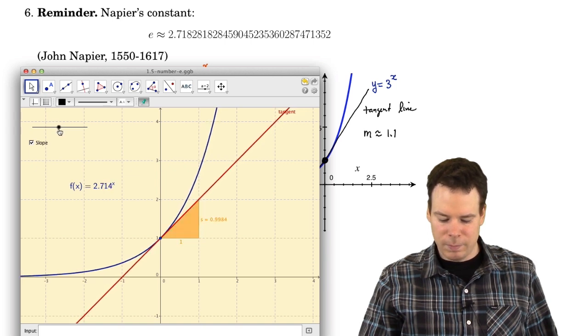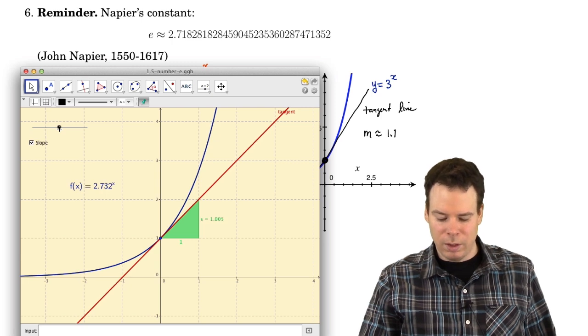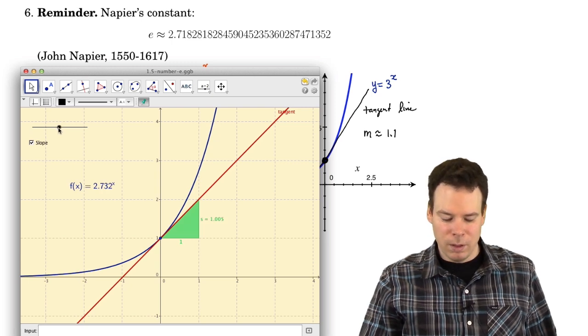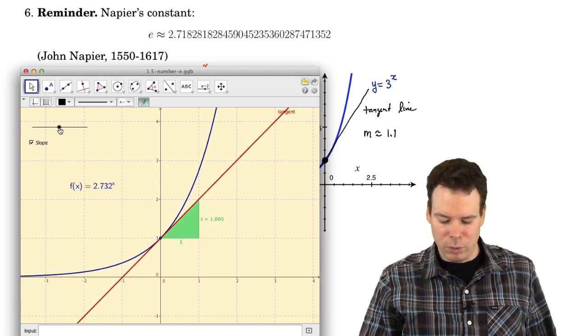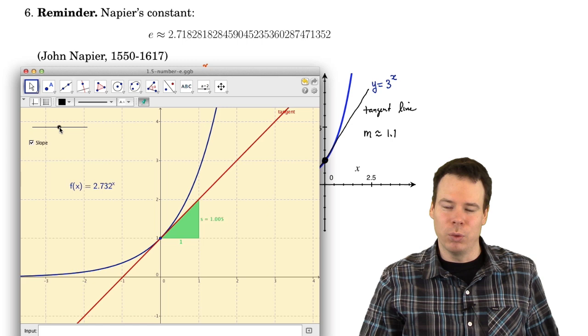So here I've got 2.714 as the base, and the slope is still less than 1 there. But if I change the base to 2.732, now I've got an exponential function whose slope is bigger than 1. So there should be a number somewhere around here where the exponential function at that point has a slope exactly equal to 1. What is that base then?